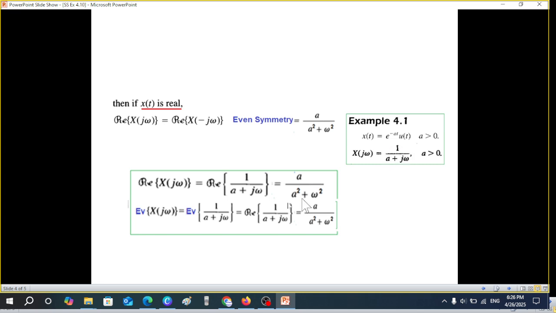So we can write it in this form, and we can write this value. Also, we can say it to be the even part of X(j omega), and the even part of 1 over a plus j omega, which is also the real part of 1 over a plus j omega. So we'll be using actually these two terms in the next slide.